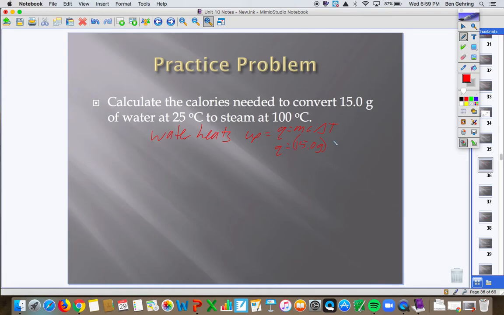C, my specific heat of water in calories, is 1.0 calories per gram degree Celsius. And I know that I have to go from 25 to 100, so delta T would be 75. So if I take 15 times 75 times 1, I'm going to get a Q value here of 1,125.